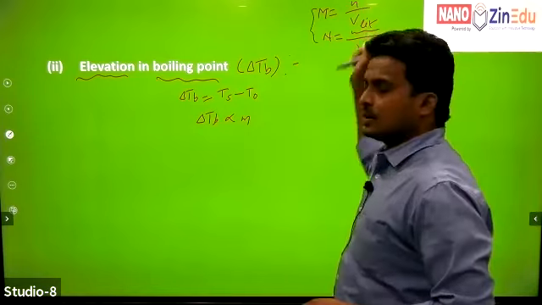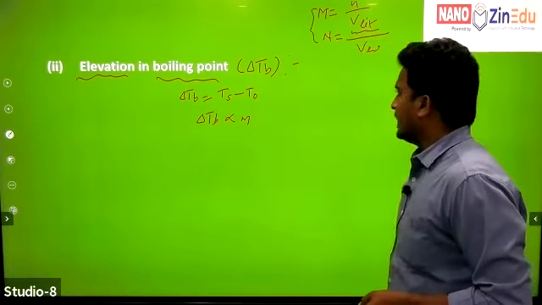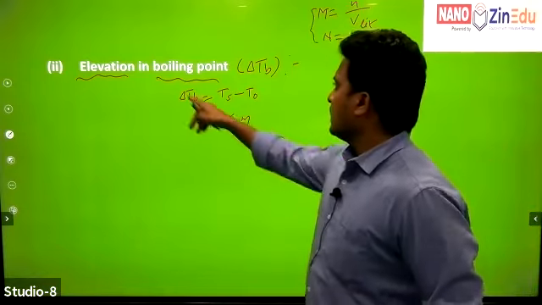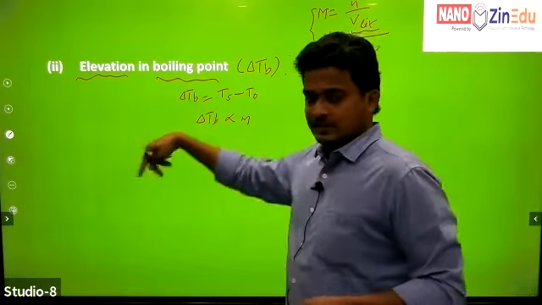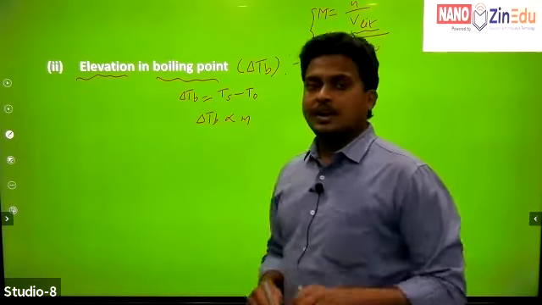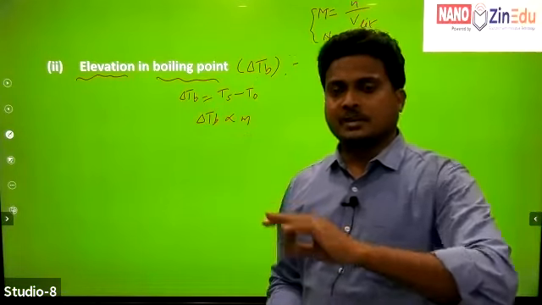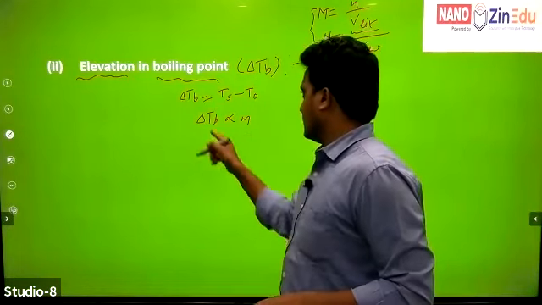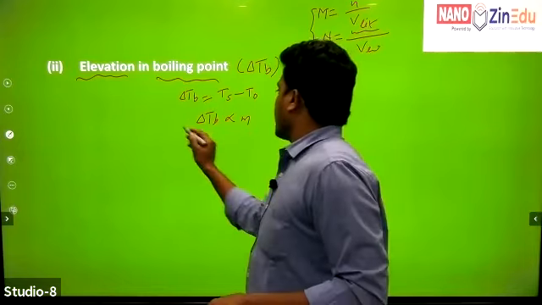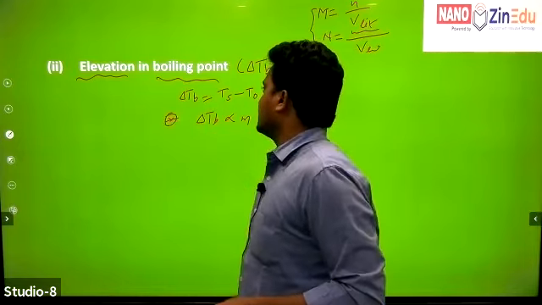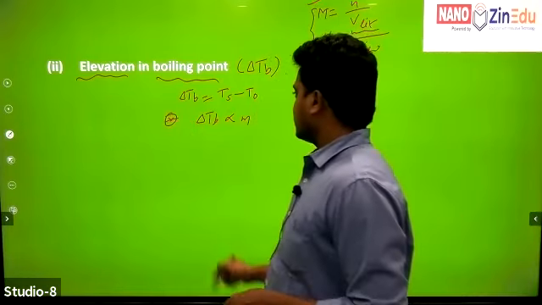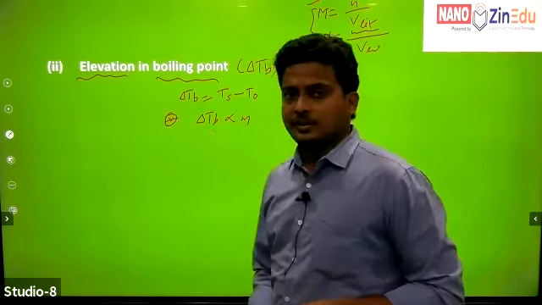These two depend on temperature indirectly, because volume changes with temperature. So in elevation of boiling point, we always take molality, because molality does not depend on temperature. Clear?